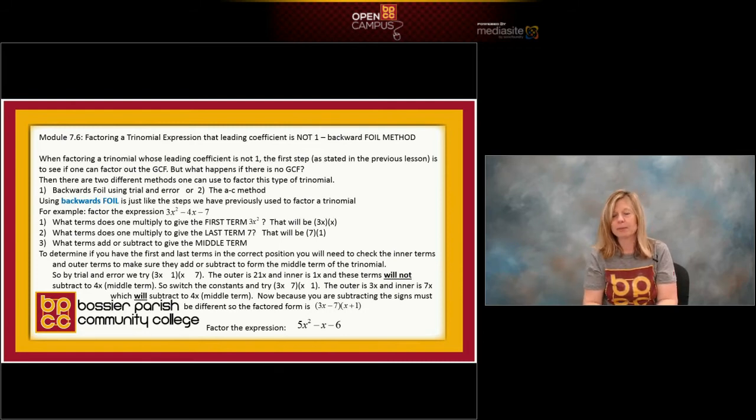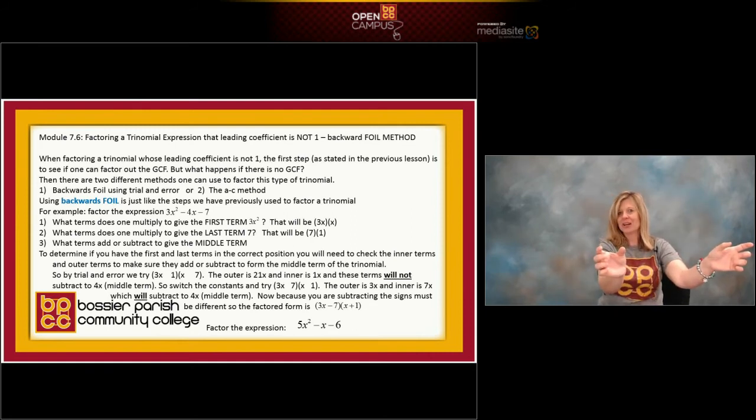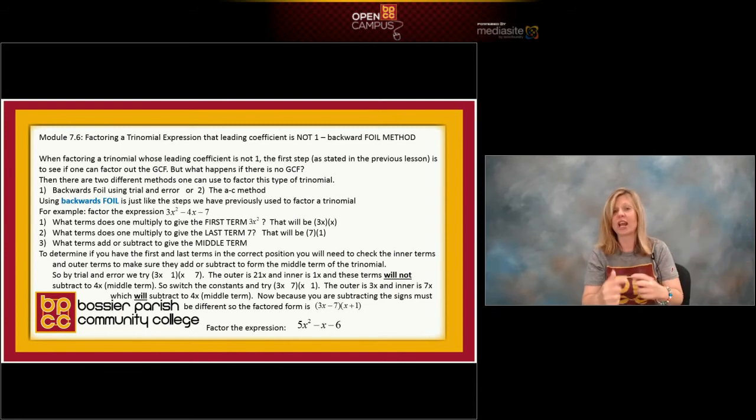But we no longer just have an x and an x. We have a 3x and a 1x, and that 3 in front of our x in the first parentheses is going to change it up. So I call this trial and error. For my constant, I have to use the factors 1 and 7, and they go in the parentheses. The placement of them is important.